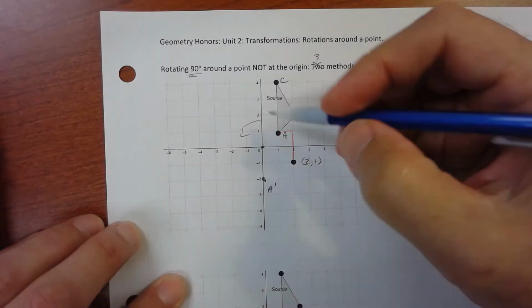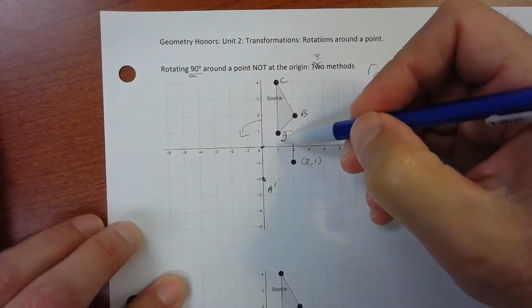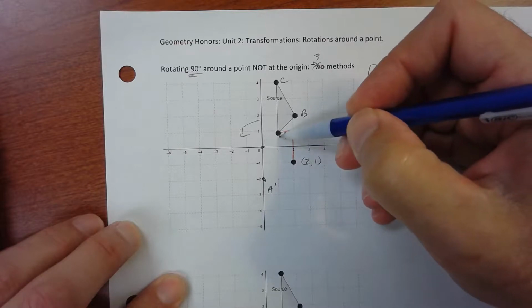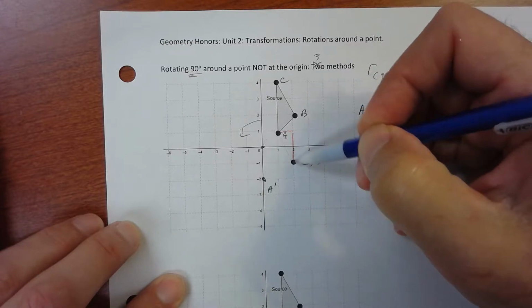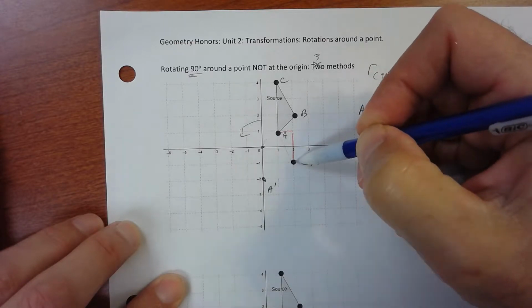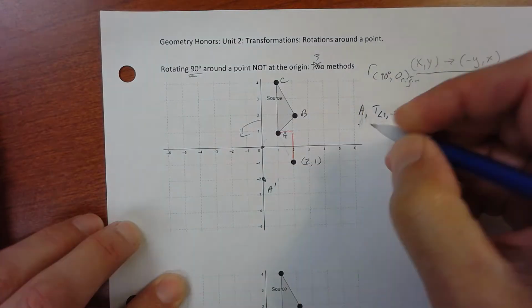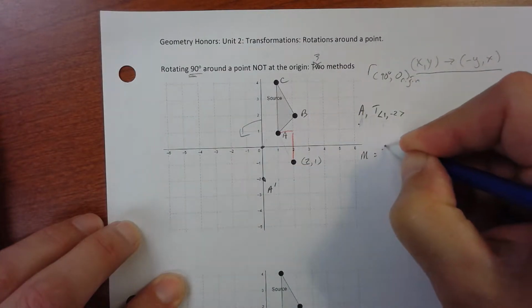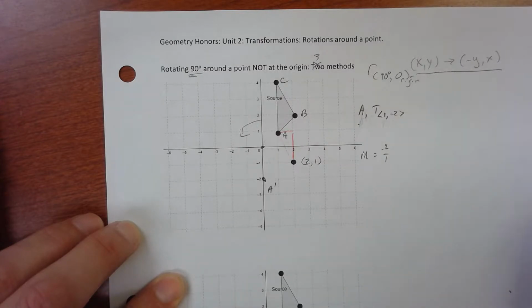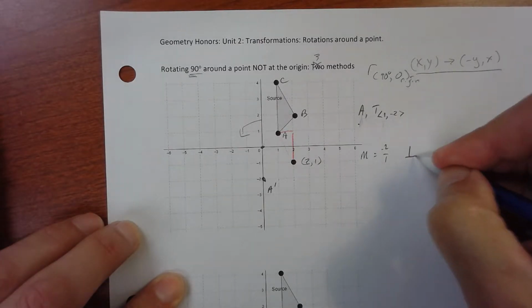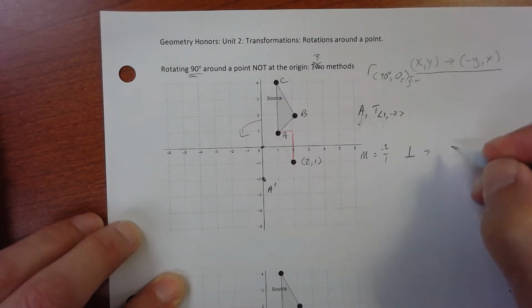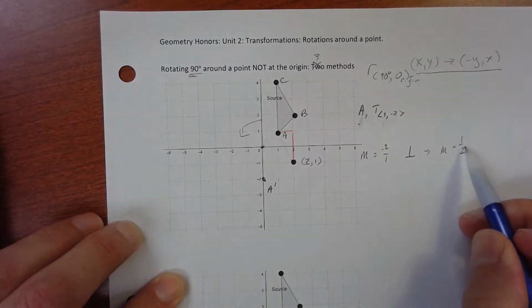Notice, also, if you want to think about slope, the slope from here to here would be down 2 over 1, right? And perpendicular to a slope that is down 2 over 1, you flip it and do the opposite, so opposite reciprocal.